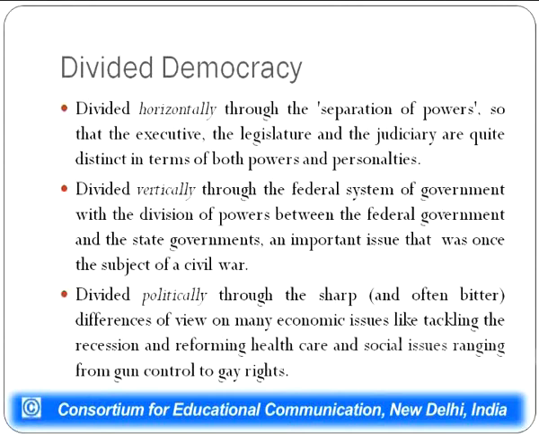Now the vertical division of power is possible only in a true federation, because you have different tiers of governance. So according to the theories of federalism, there are three tiers: the union and the meso level.